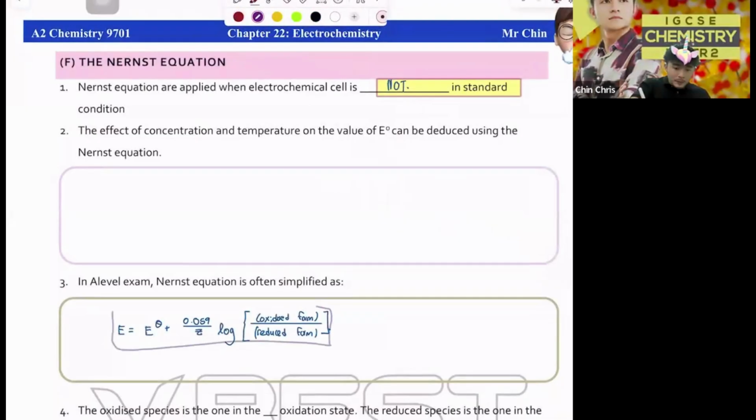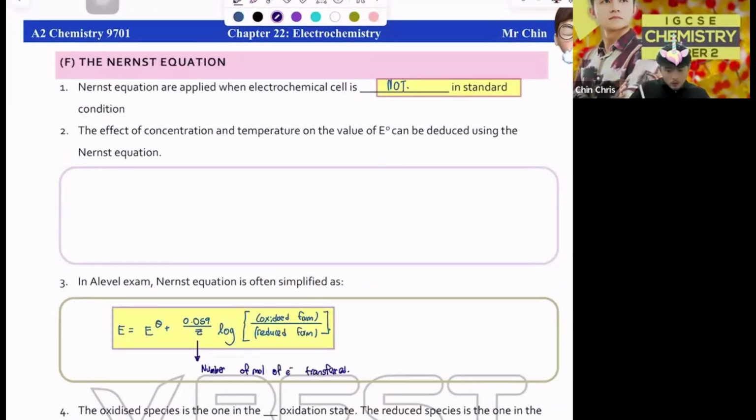Z is the number of moles of electrons transferred. So how many moles of electrons are being transferred? All right, guys, your oxidized form and reduced form is the concentration here, the concentration of ions in the higher oxidation state.